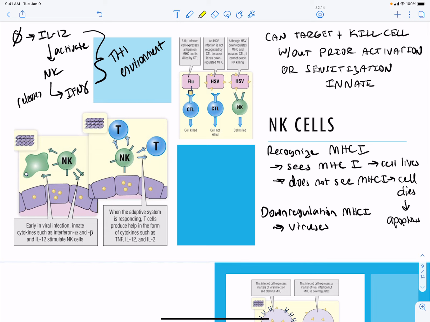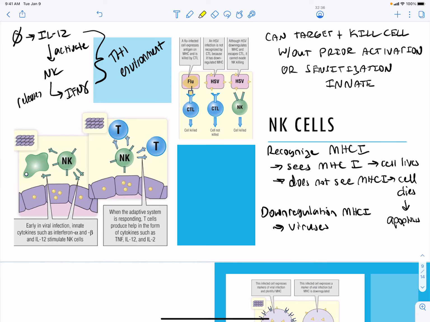So in this picture here, we have an infection with flu that does not downregulate MHC1. And so your natural killer cell will not kill a flu-infected cell because there's plenty of MHC1. But a CD8 T cell will kill a flu cell because it recognizes the flu antigen associated with that MHC1.